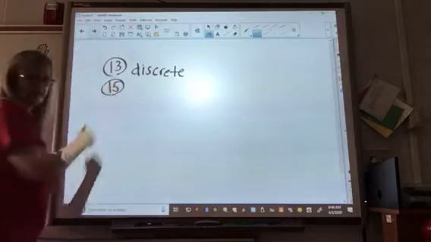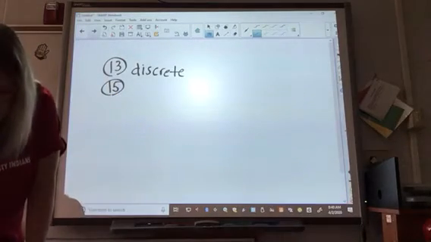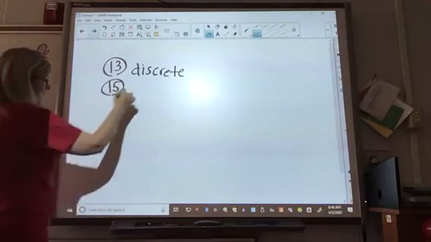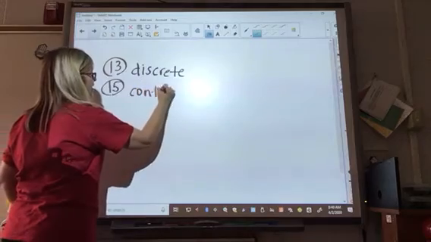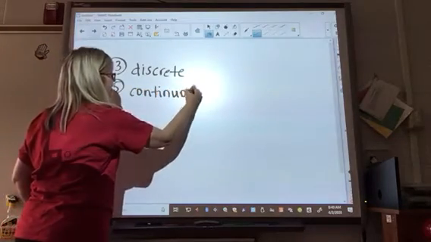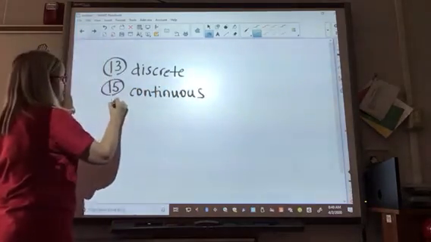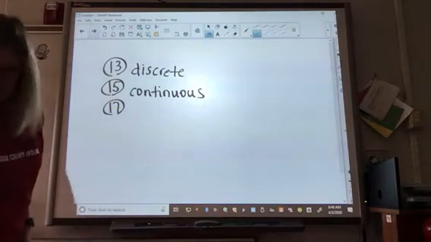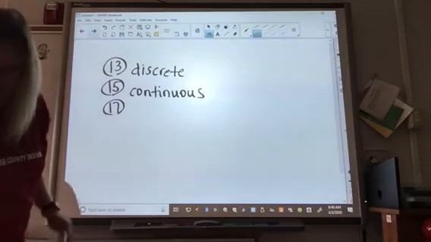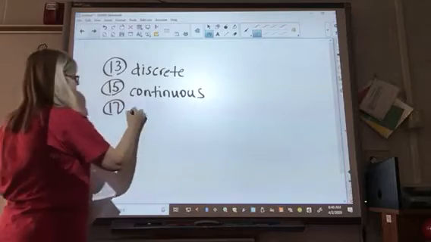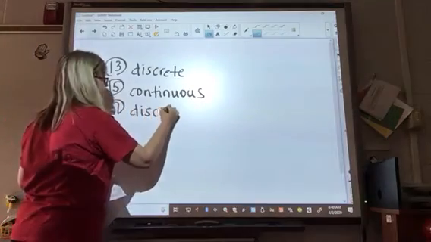Okay, 15. The weight of an automobile. Anything that can be measured is continuous. It's ever changing. 17. The number of math majors in your school. You can count that, so that's discrete.